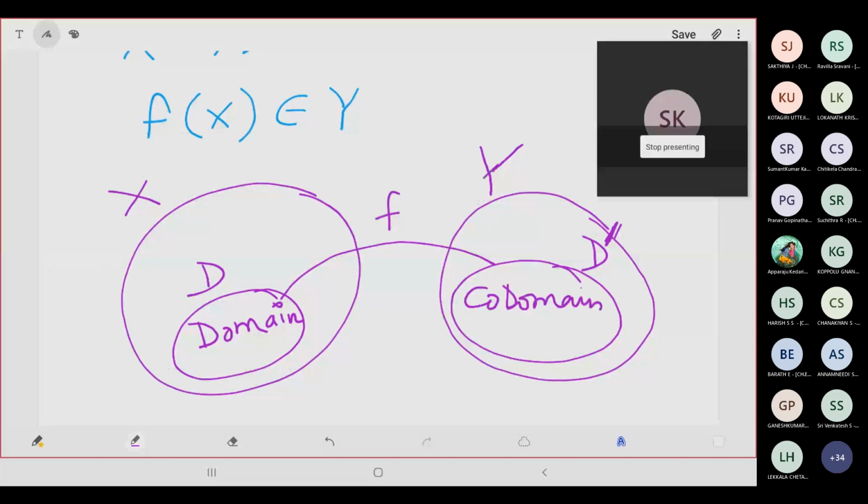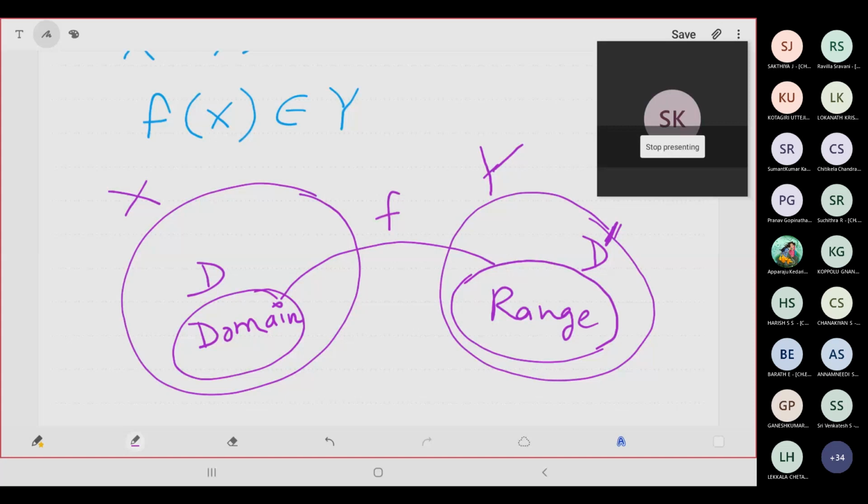Not capital Y is the codomain, sorry. Capital D is mapped with D dash, so D dash is the range of this mapping small f.